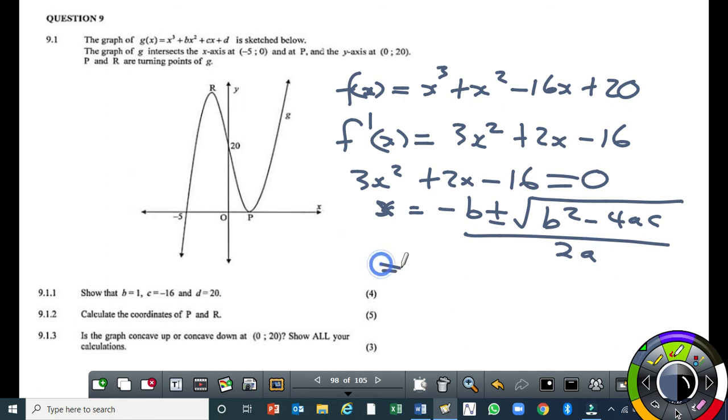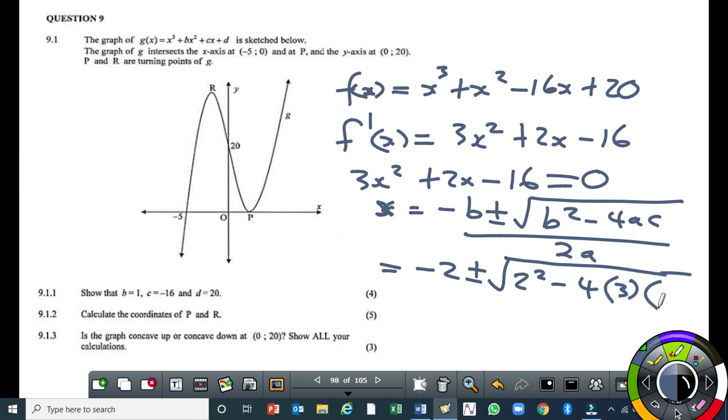So this becomes equal to, our b is positive, so that will be minus 2 plus or minus the square root of b squared, which is 2 squared, minus 4 times a, which is 3, and c is minus 16. This is all over 2 times 3.